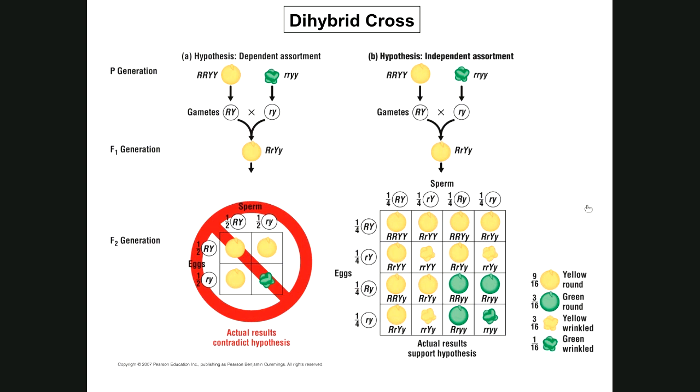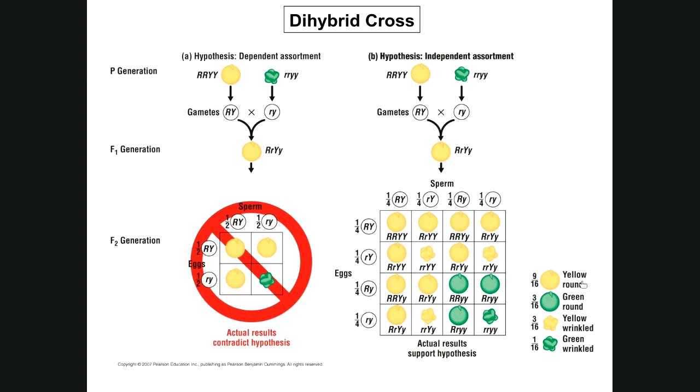Well, he produced tens of thousands of plants, and on average, for every 16 plants he analyzed, 9 out of 16 produced both dominant traits. Yellow colored seeds that were round, those are both dominant traits for 2 different traits, seed color and seed shape.